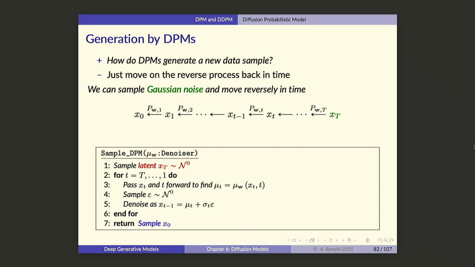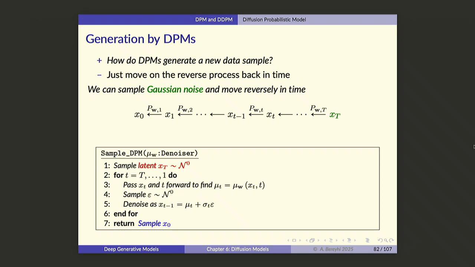Now that you have this mu, you add a bit of noise to it. So you sample this epsilon from a Gaussian distribution. You multiply it with the predefined sigma t's that you had, and then you generate your next sample, the one reverse in time.